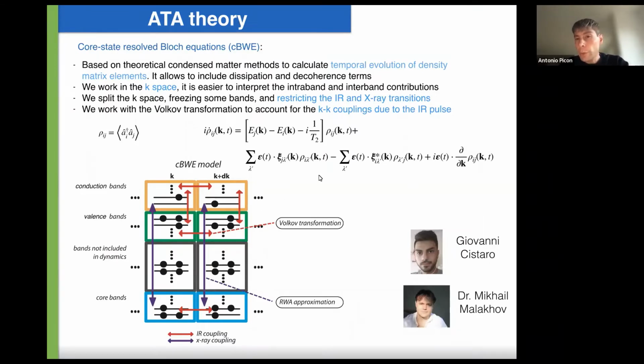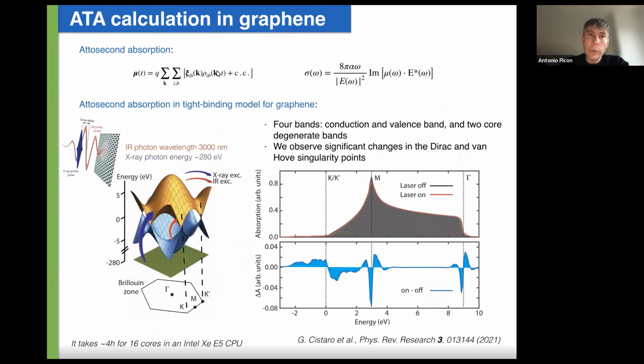In order to compute this we have to parallelize, because it is computationally costly. What we need to do is mainly calculate the energy dispersion of the material and the direct connections (dipole matrix elements) of the material. We introduce them, and we can calculate the electron densities, so how the system is evolving. So how do we calculate the attosecond absorption?